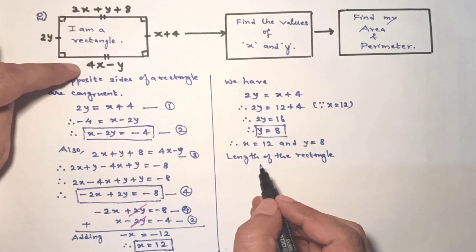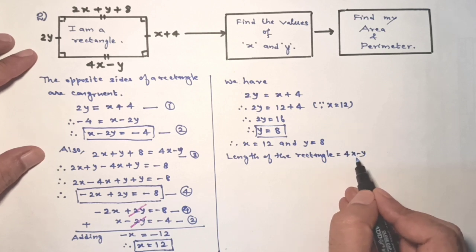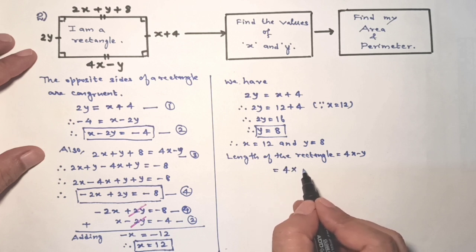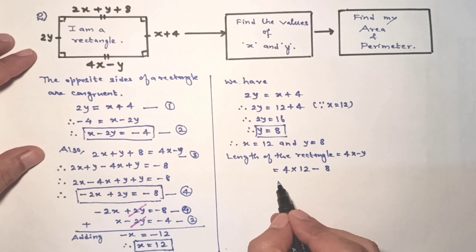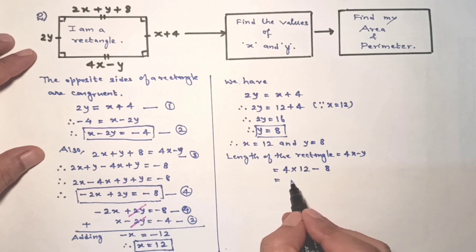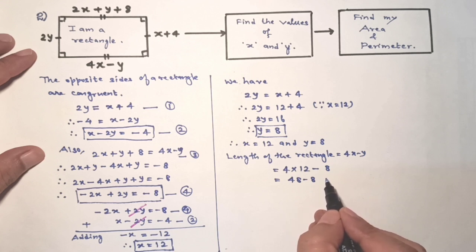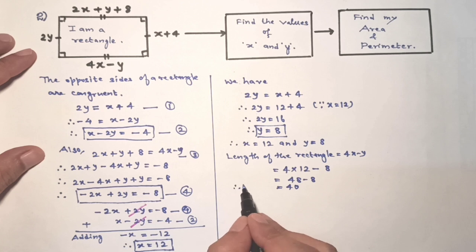You can take the simplest one, which is 4x minus y. 4 into x is 12 minus y, y is 8. 4 into 12 is 48 minus 8, which is equal to 40. So you got length as 40.